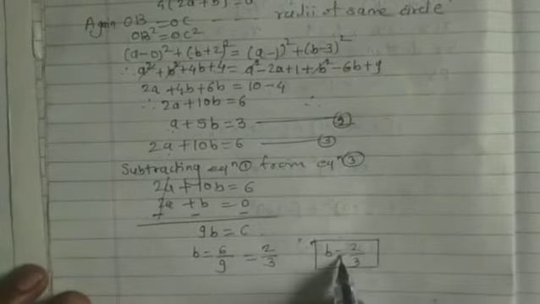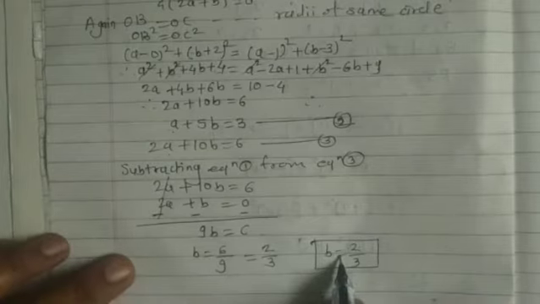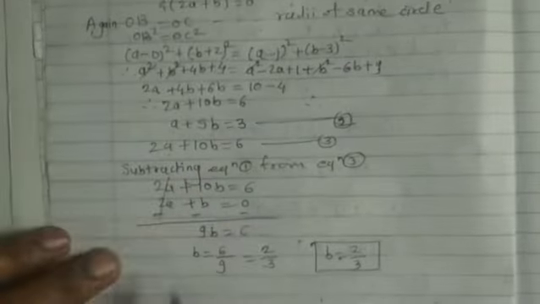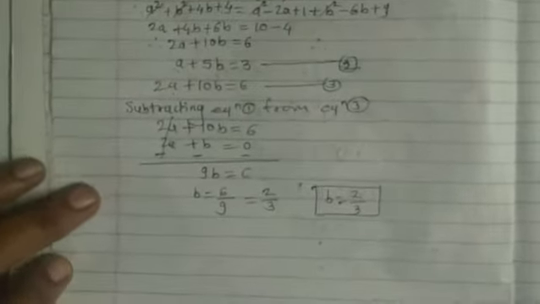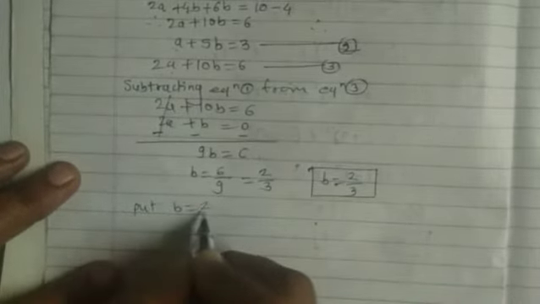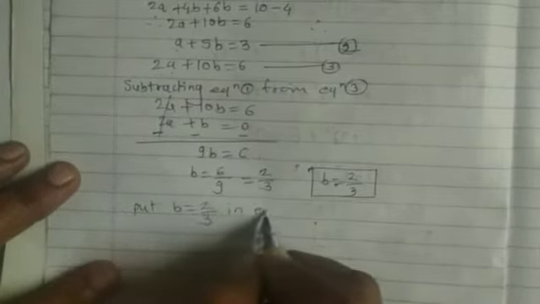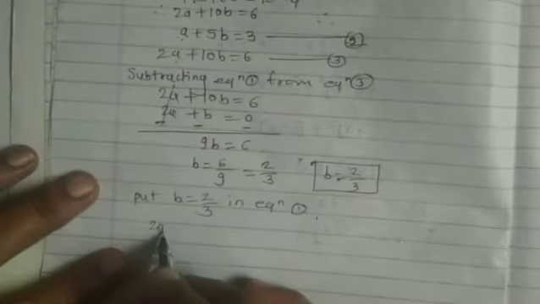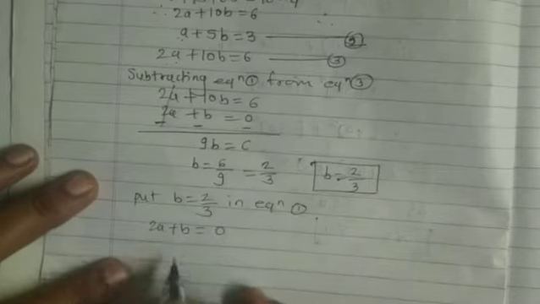Now using this B is equal to 2 upon 3 in any one of the equations, suppose the first equation, we write, put B is equal to 2 upon 3 in equation first. Equation first is this, 2A plus B is equal to 0.